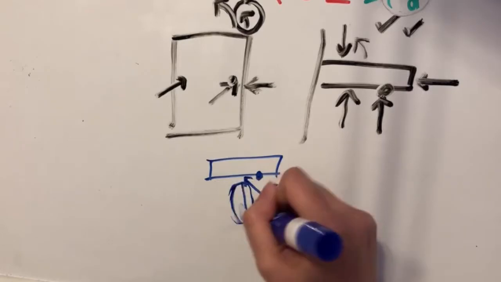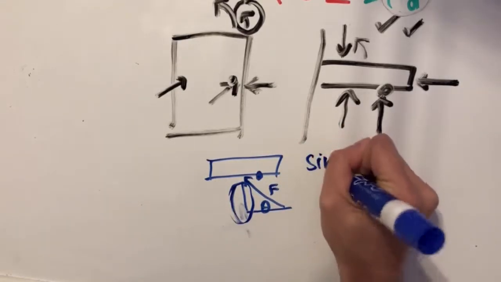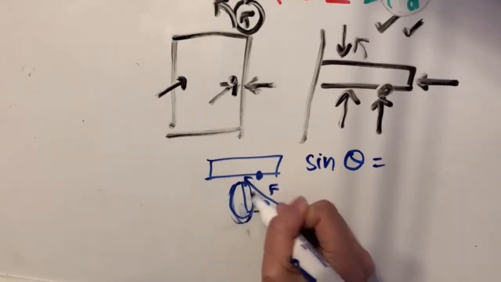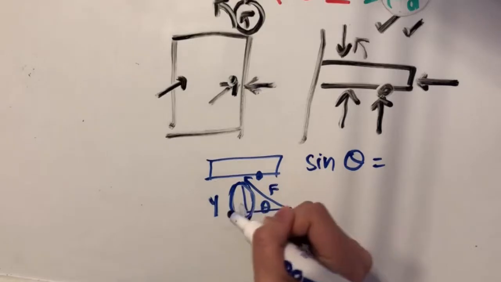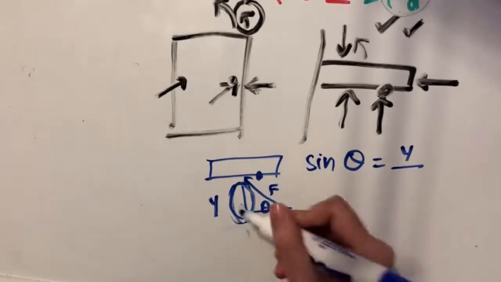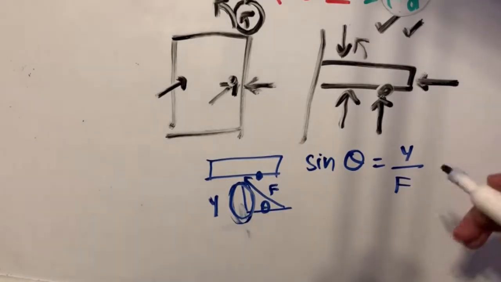And so if we want to get this, then we'll have to use sine theta, which is opposite over hypotenuse. So this is the opposite side. Let's just label it y because it's the y component of the force, over hypotenuse. So that would be the magnitude of the force vector.